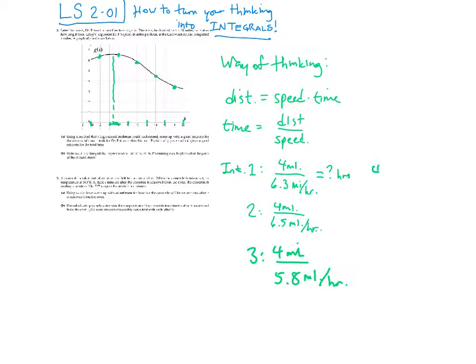And then for interval 4, I'm going to get 4 miles over about 4.5 miles per hour. And then finally for interval 5, I get 4 miles over about 3.5 miles per hour.